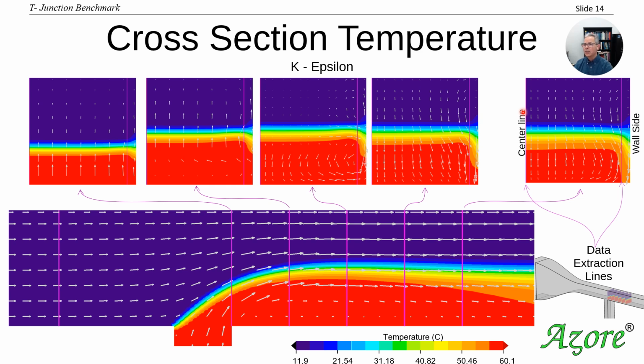And the experimental data that they gathered, they have data right along the center line, and then they have a number of lines in the reference, but for this purpose we're just going to look at the data along the center line, and then pick a line close to the wall on the right-hand side of this image.